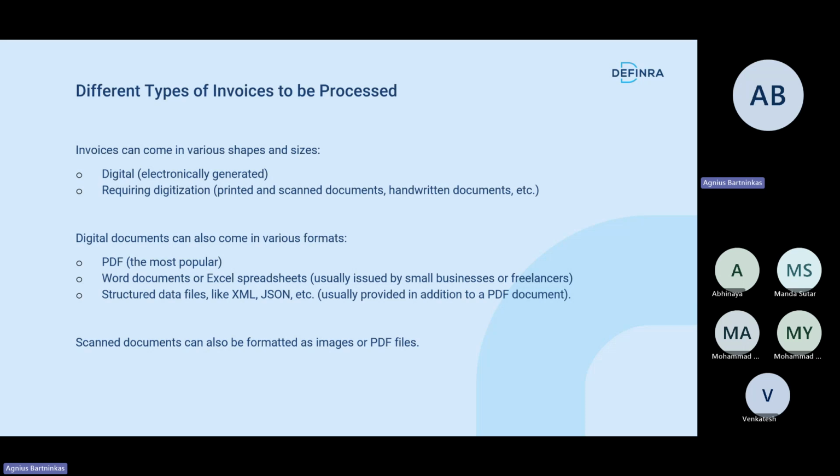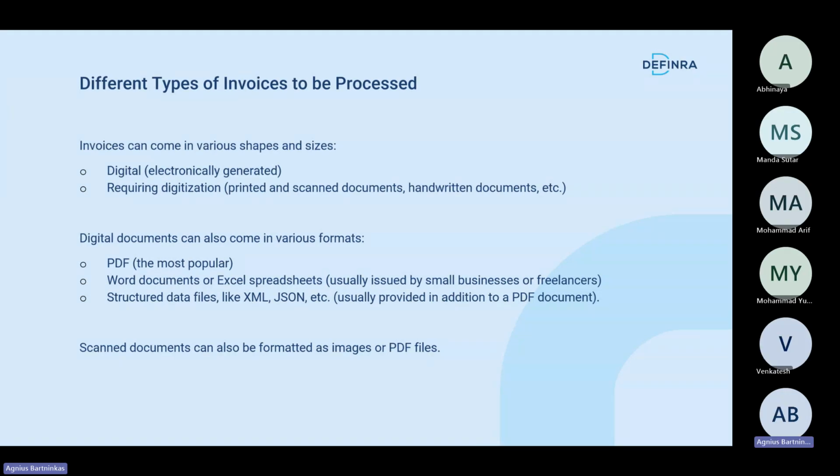First of all, those are digital, as in digitally, electronically generated invoices that are usually saved or exported from some sort of software, like an accounting system, an ERP software, or something like that, and then sent directly via electronic means of communication to us from a supplier.